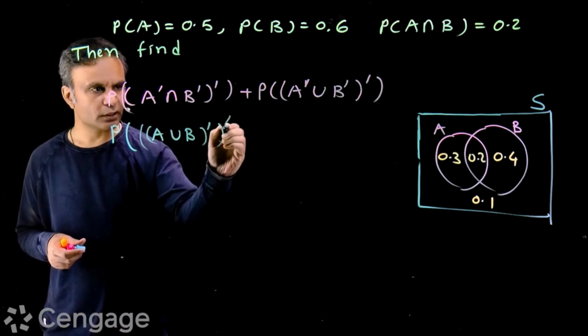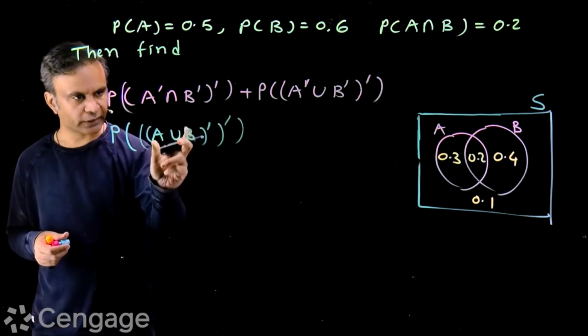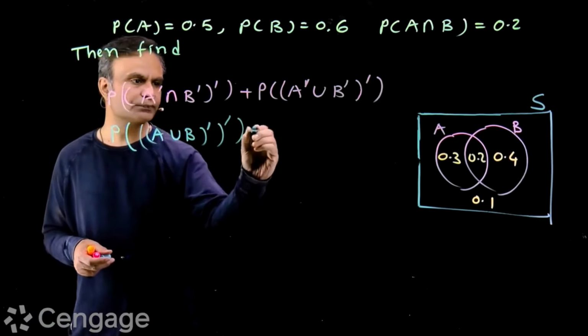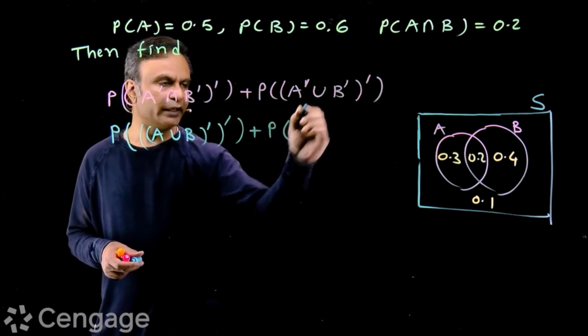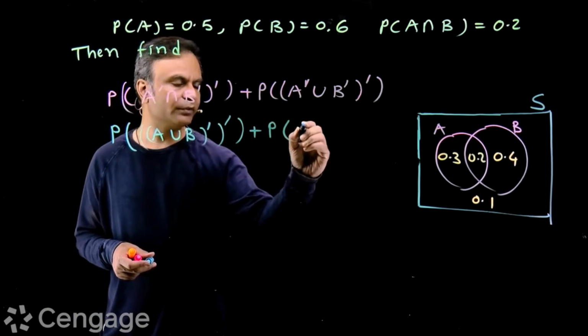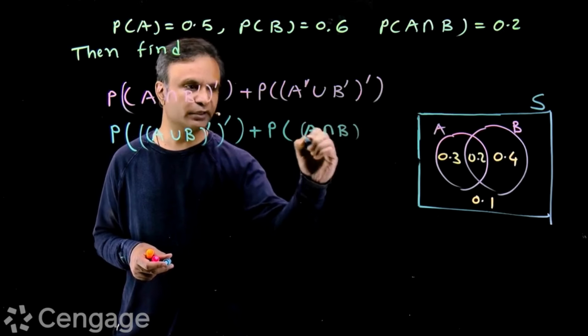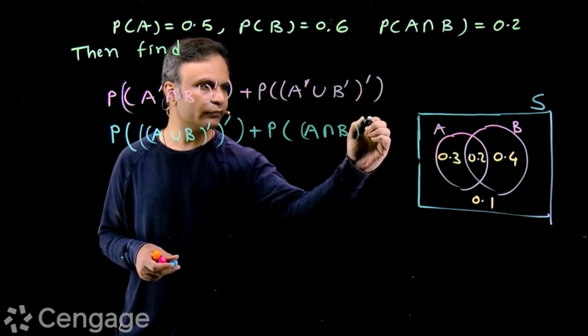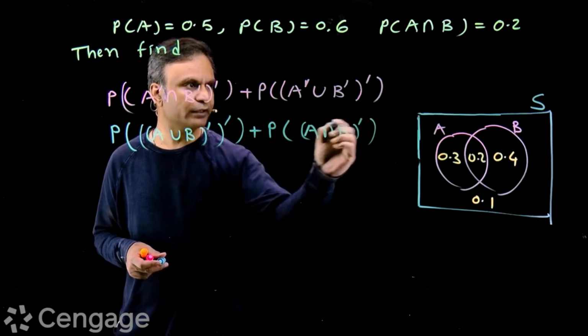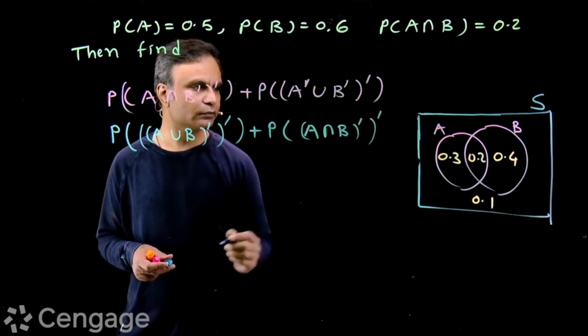So we have here complement of A union B complement plus, and here A complement union B complement is equal to A intersection B complement. So here we have complement of A intersection B complement.